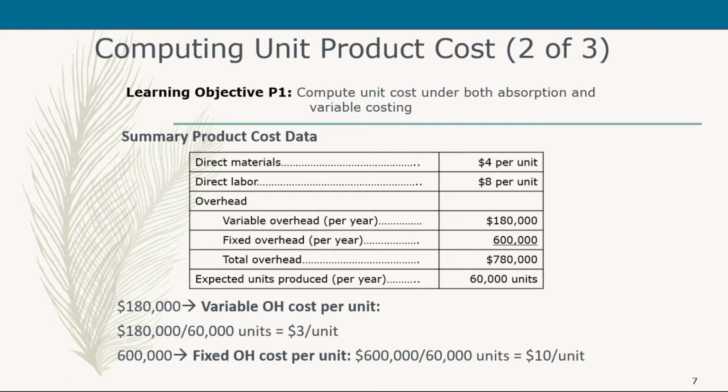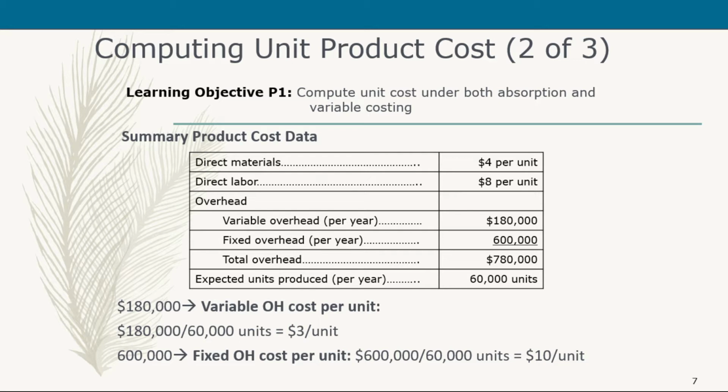So, for us to compute the variable overhead cost per unit, we have here your $180,000 variable overhead cost. We divide it by the expected units produced of 60,000 units in order to get the variable overhead cost per unit of $3 per unit.